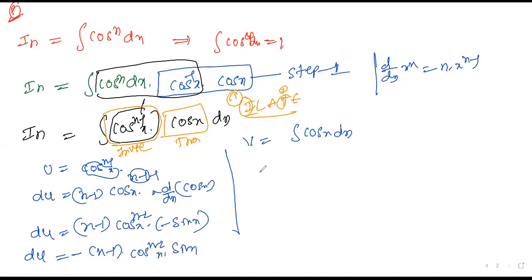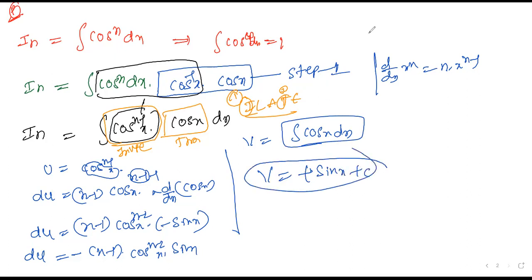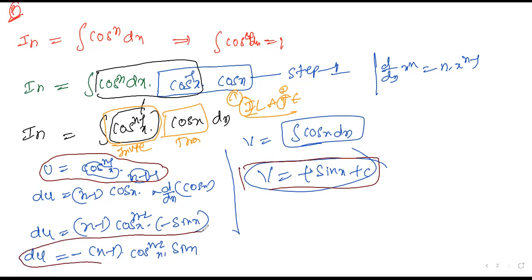Clear. Next, v is equal to the integration of cos x, which is plus sin x. Remember, it is plus sin x plus c. Now you have every answer with you. You have u, you have v, and you have du. So this looks like a UV model you are going to apply.